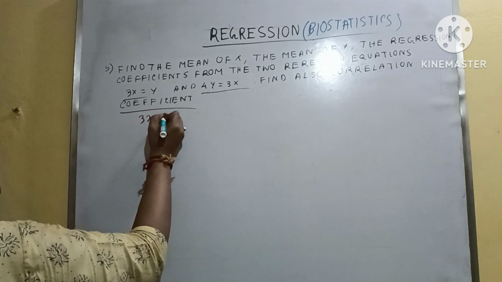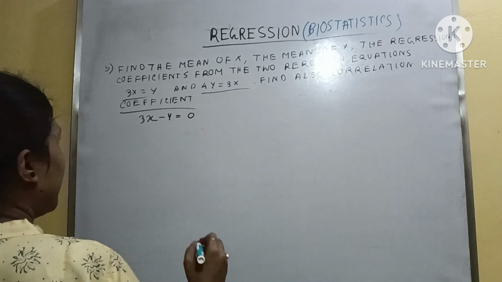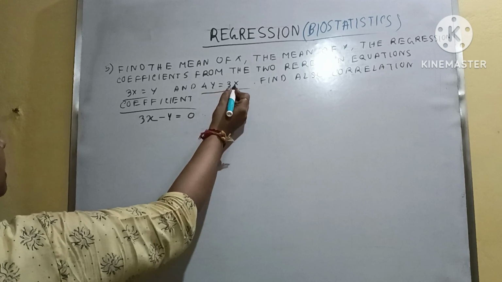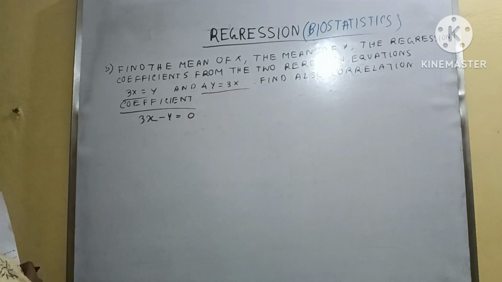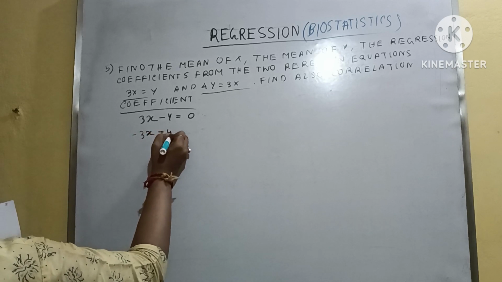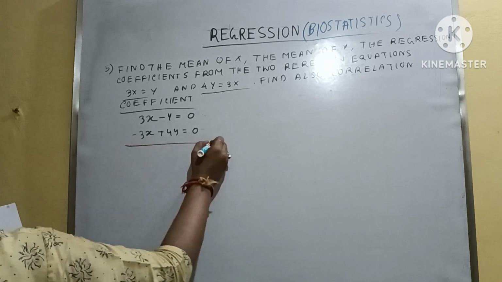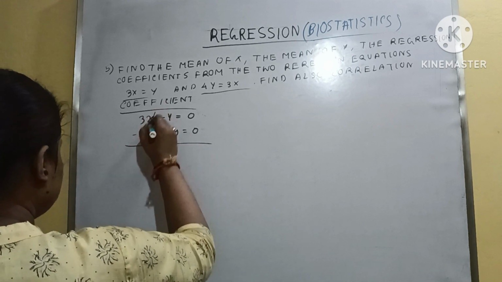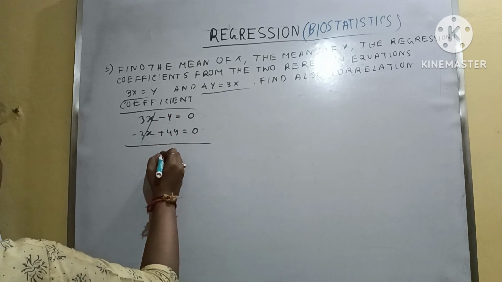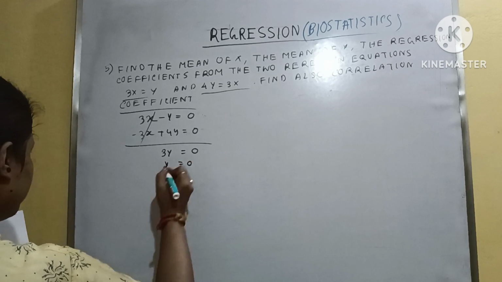3x minus y equals 0 and 4y minus 3x, so minus 3x plus 4y equals 0. Clear? So by the addition process, the value is 3y equals 0. So the y value is 0.